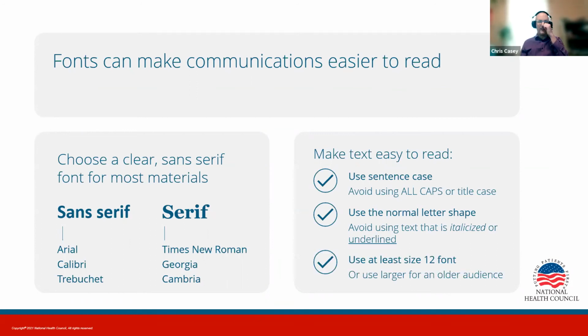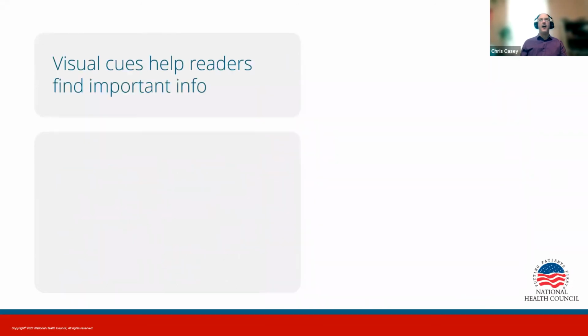And make it big enough, use at least a size 12 font. If your audience is a little older and their eyes are changing like mine are, maybe even make it a little bit bigger, a 13 or possibly even 14-point font for body text. So just some little simple things that you can do to keep your content easy to read.